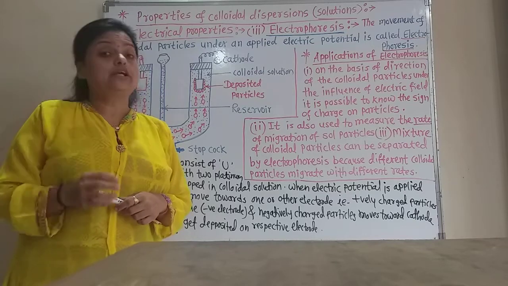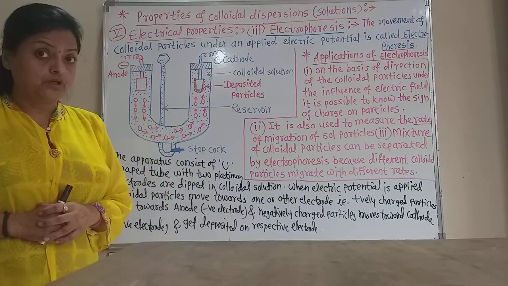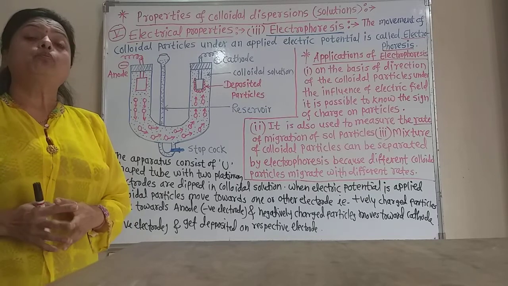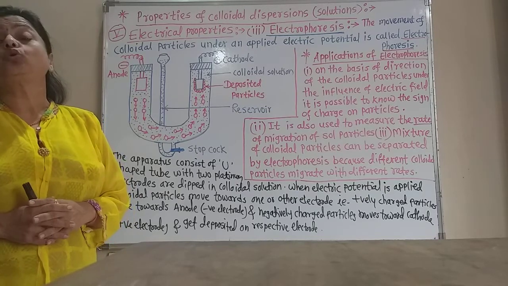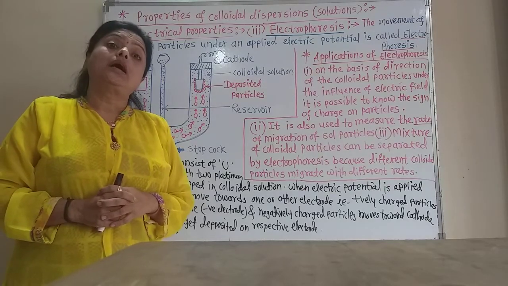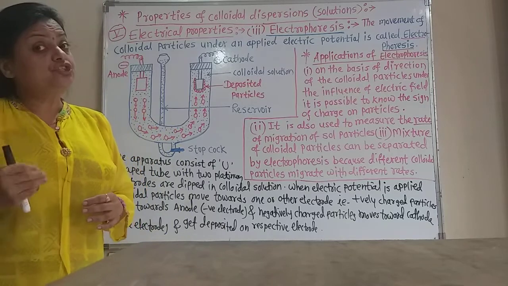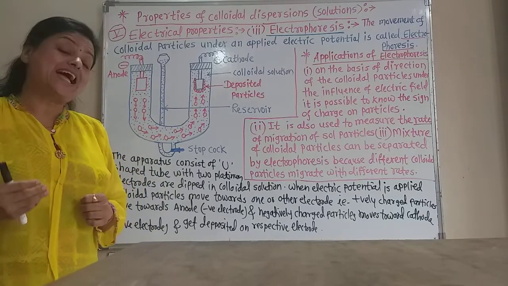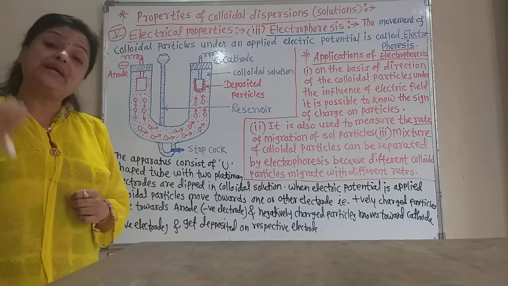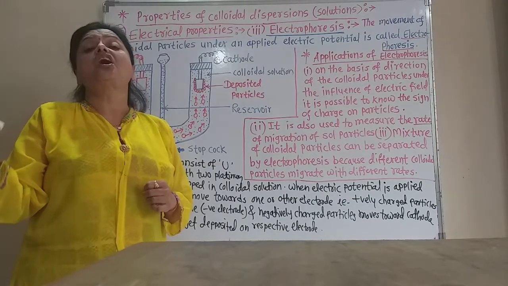If such colloidal solutions are kept in a U-shaped tube in which two positive and negative electrodes are dipped in that colloidal dispersion, and when the electric potential is applied, then there is movement of the dispersed phase particles to the oppositely charged electrode.